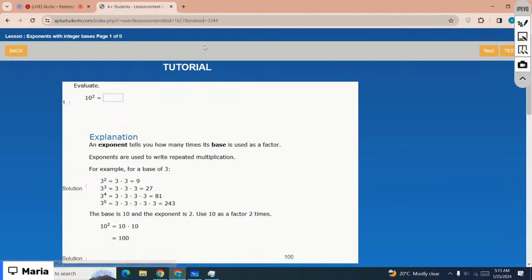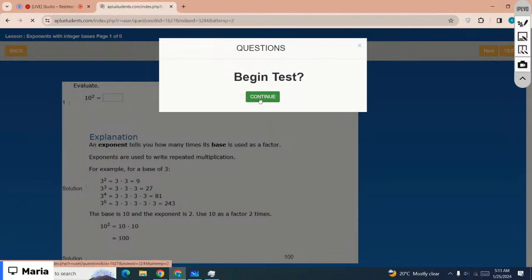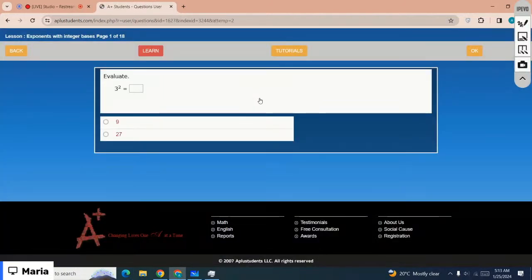The exponent times, right? 3 exponent 2. So which is the correct option? You have to do 3 square. That means you have to do 3 times 3, which is the correct option.